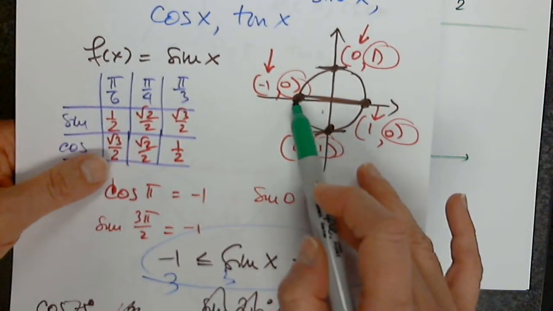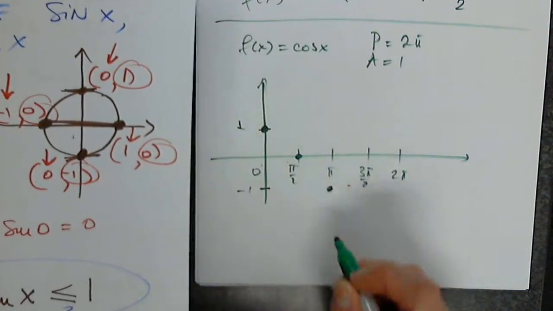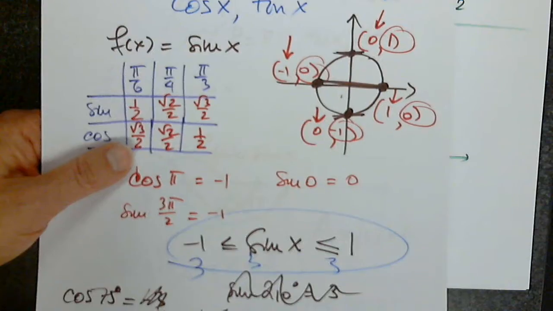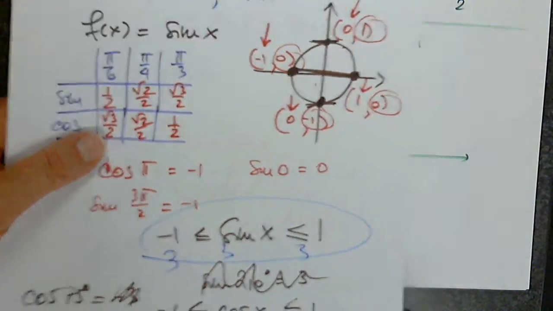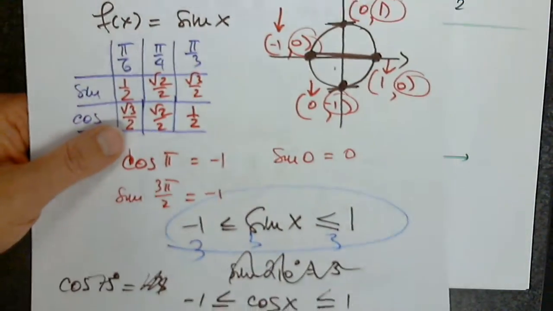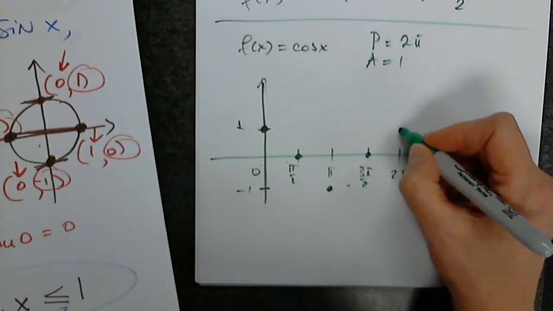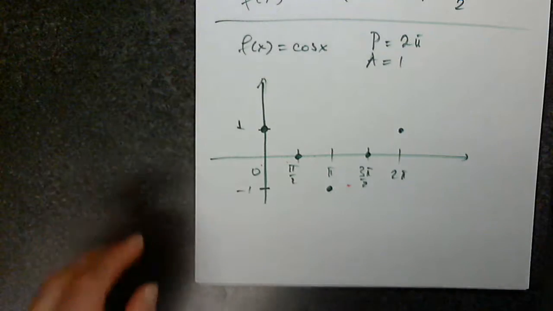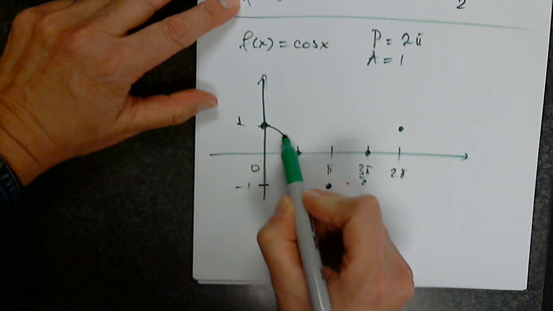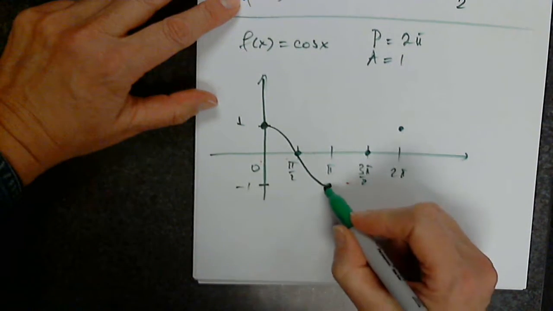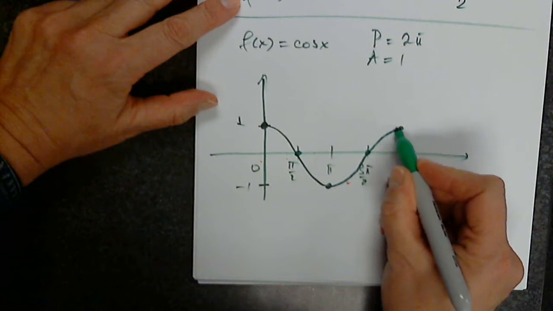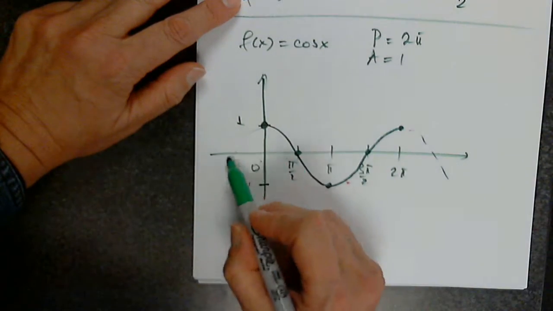Here's pi, -1. Cosine 3 pi over 2 is measured on the x-axis. And finally, cosine 2 pi, ready? Of course, it continues forever.